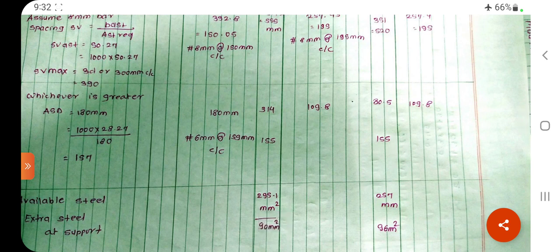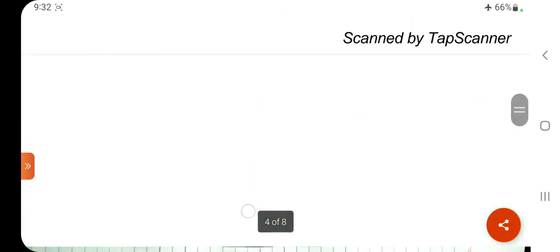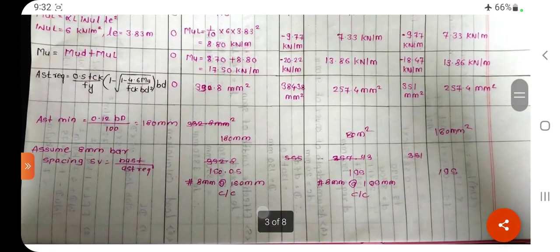Then we have to calculate the distribution steel. As it is a one way slab, we need to calculate the distribution steel. So here Ast is equal to 0.12, that is 12 upon 100 into small b into capital D, and we have calculated this value previously also.